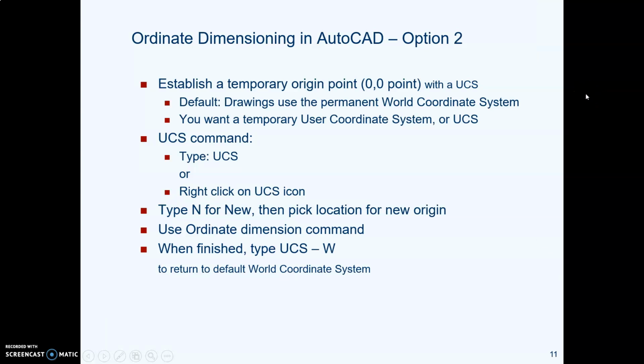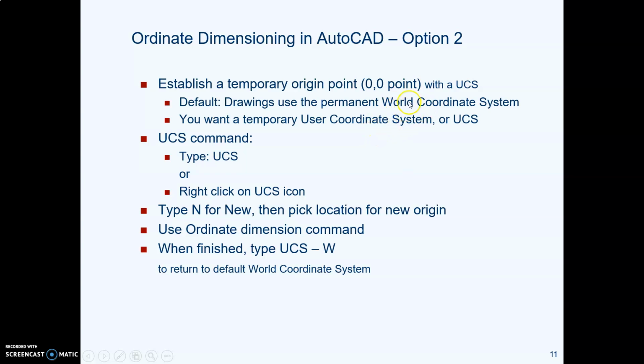Here's a different option which I offer you in case you like this method better. I won't show you how to do this in the video, but if you are someone who likes using a user coordinate system, you might be interested in this. User coordinate system is UCS for short. And this is where you can tell AutoCAD where you want your drawing's origin point to be.